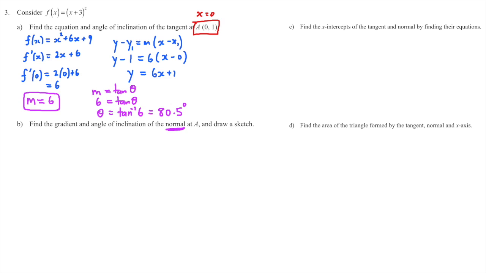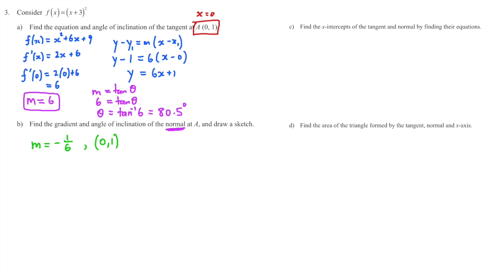Well, the normal, perpendicular lines are normal to each other. It's 90 degrees. So the gradient I'm interested in for this particular question is not 6 over 1, but 1 over 6, and I need to put a minus sign in front of it. I know it's passing through 0, 1 still because that's the point A.